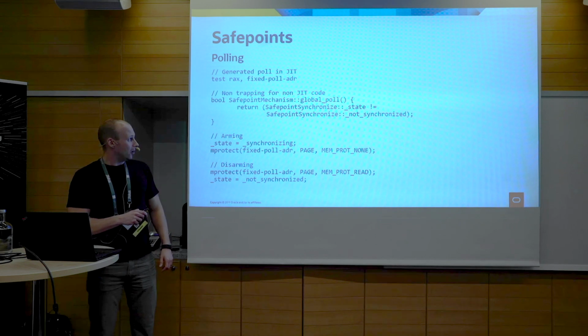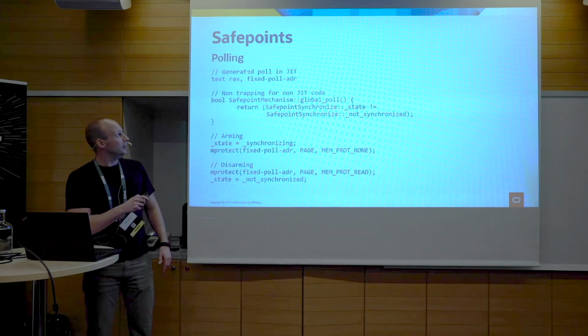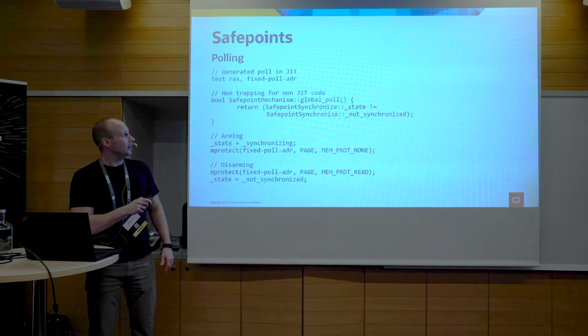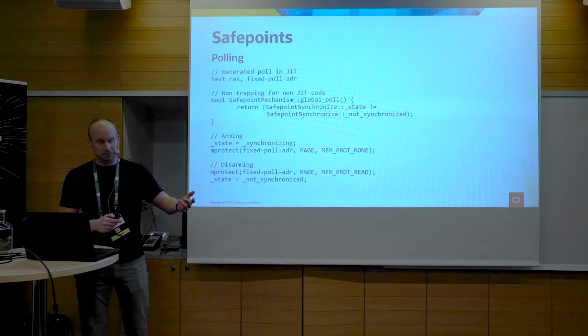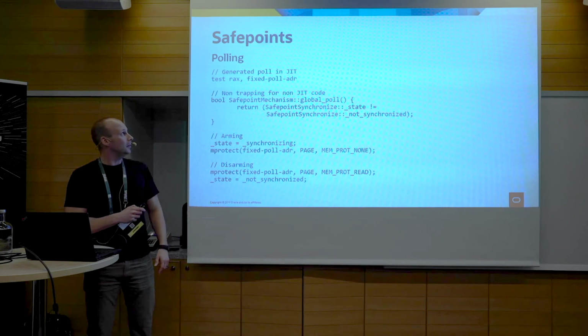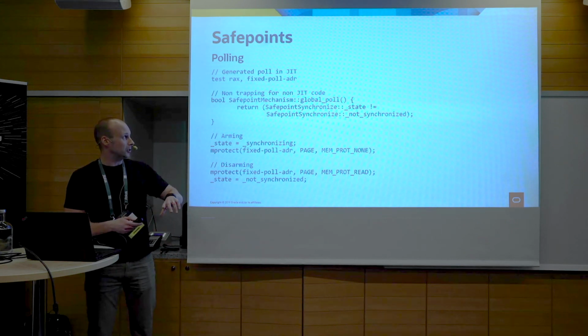So when we arm, we flip the global state to synchronizing. We protect the page, and threads hit this. This is when they are in Java code, which is emitted by the JIT compiler. So they end up in the signal handler and eventually stop.